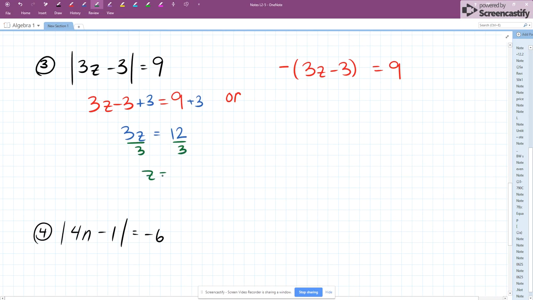And that gives you that z equals 4. For the other side, take a moment and try, please. Don't forget the first step is to distribute the negative sign.